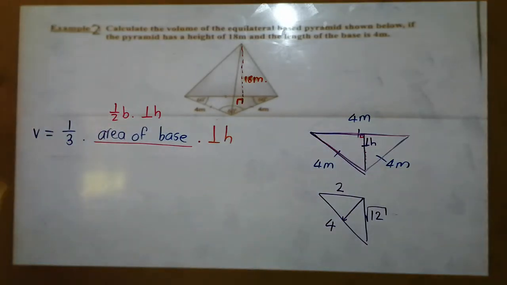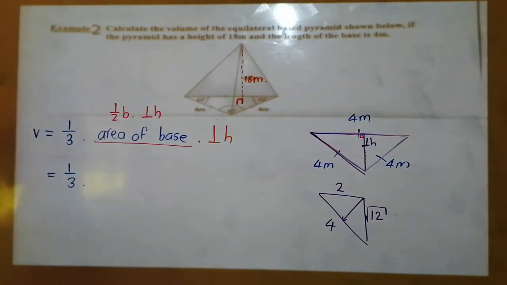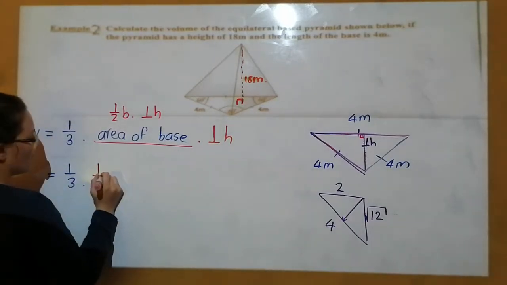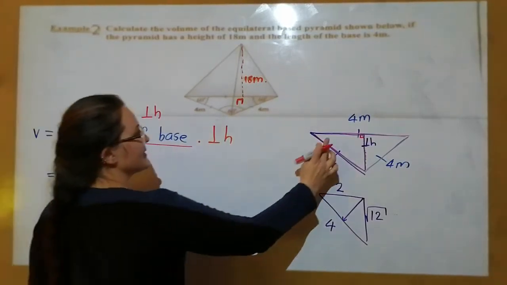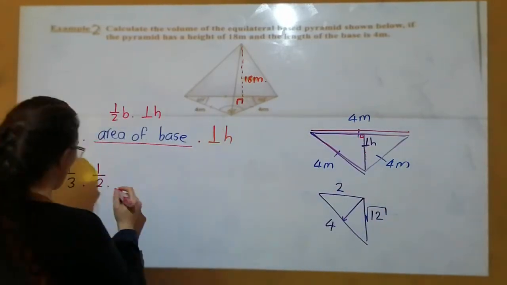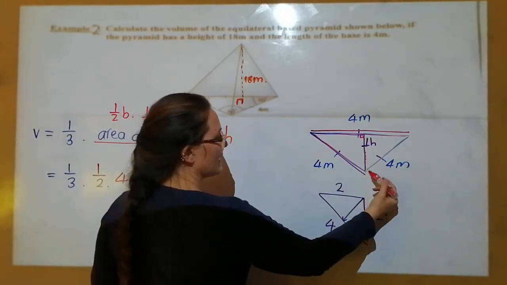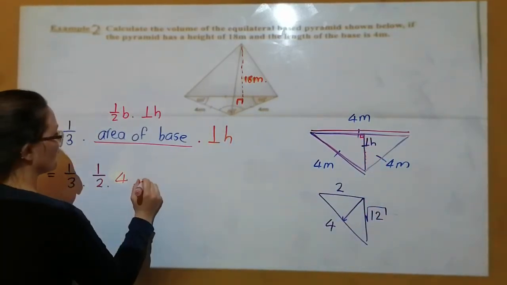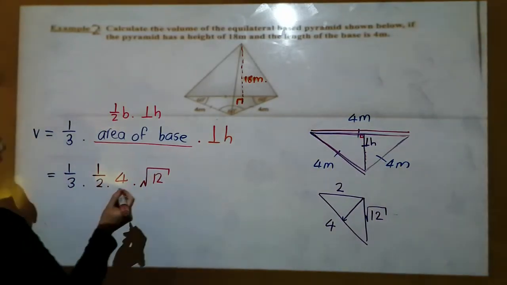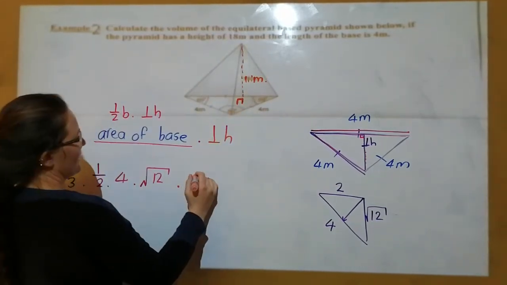And now I substitute in. Volume equals a third times my triangle. Half times the base. The base is this full line here, 4, times the perpendicular height, which is that line there, which we said is the square root of 12, multiplied by the height, the perpendicular height of the pyramid, which we know is 18.